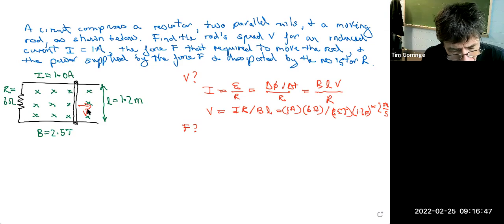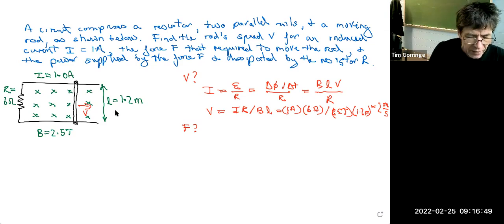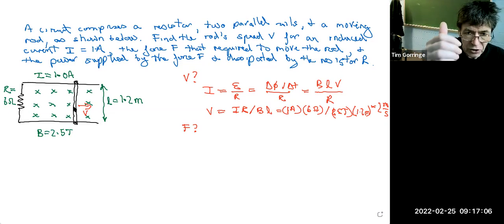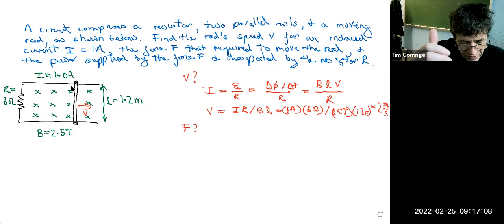So as the rod rolls towards the right, there's more flux into the screen. There's more field lines enclosed in the circuit that are going into the screen. So the induced current will try and create a magnetic field out of the screen. And so if we want to make an induced current out of the screen for this loop, then we can use one of our right-hand rules.